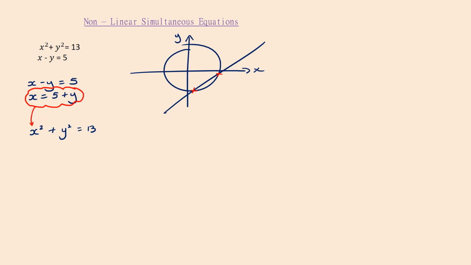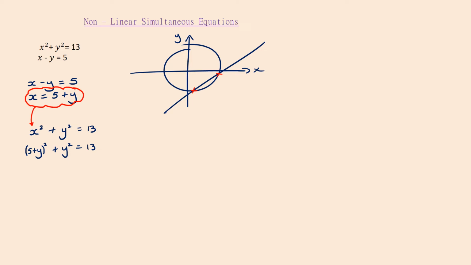So rather than it saying x squared, it can now say (5 plus y) squared, and then plus y squared equals 13. Now you can see the equation that we're left with only contains one variable, the y variable, which means we're able to now solve this and find our two y values.